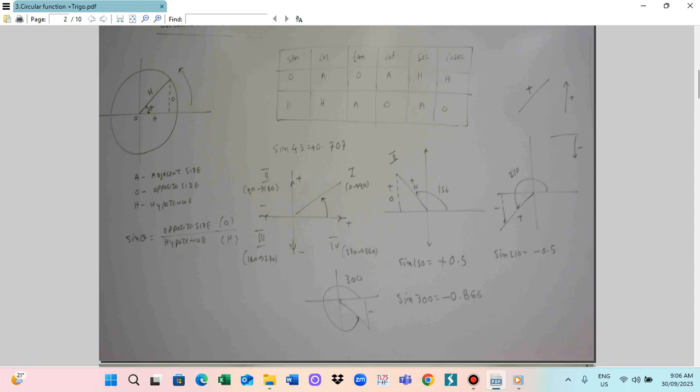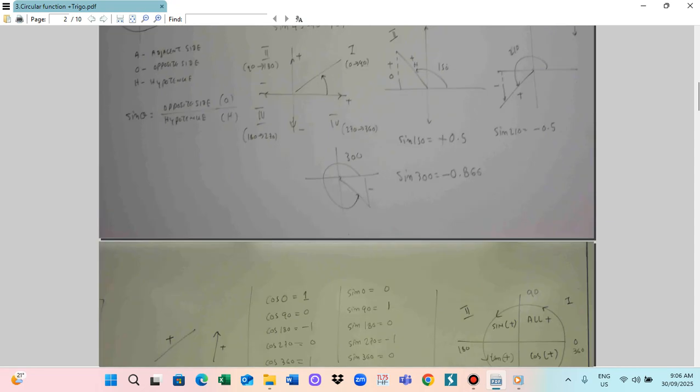Quadrant 4 is 270 to 360. This is why we can call an angle positive and negative. We use the trigo functions, O over H, A over H, O over A, A over O. By this way you can find the trigo function.